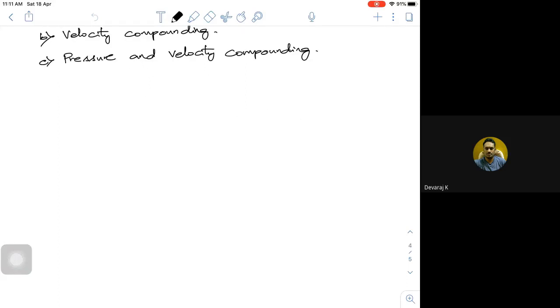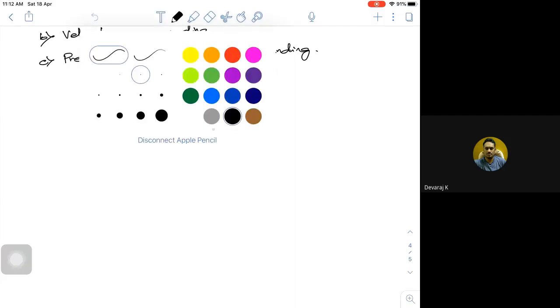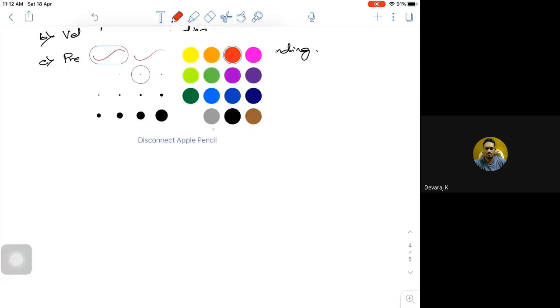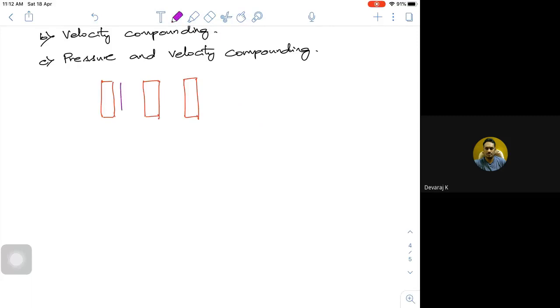What is pressure compounding? For example, let me write that. The red color represents the rotor, and I'm going to take three stages, and so I have a stator.